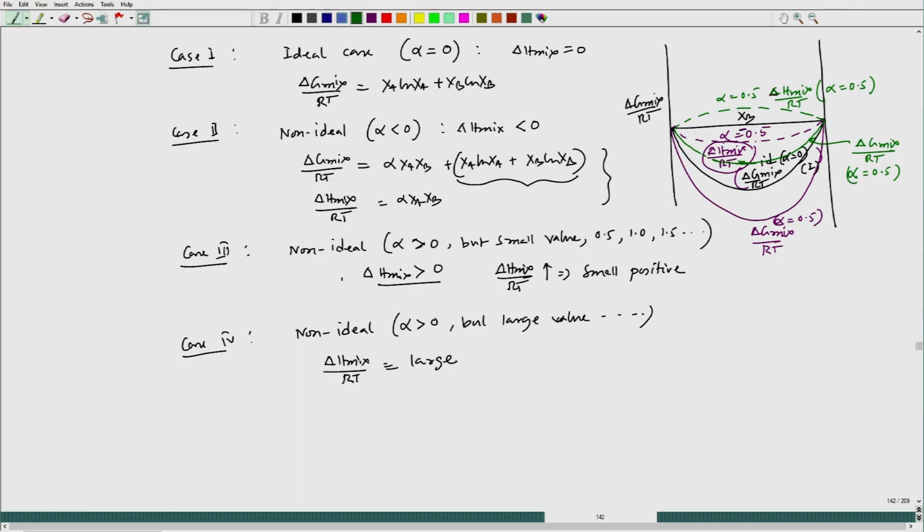So, we can see that all three cases, the delta Gmix by RT plot, or we can actually take it as delta Gmix, fine, they are convex downward.